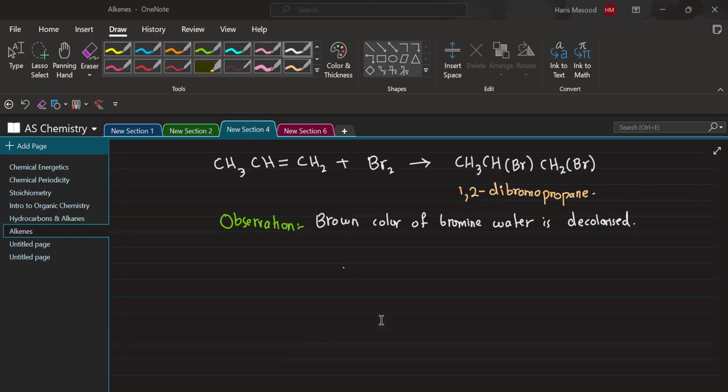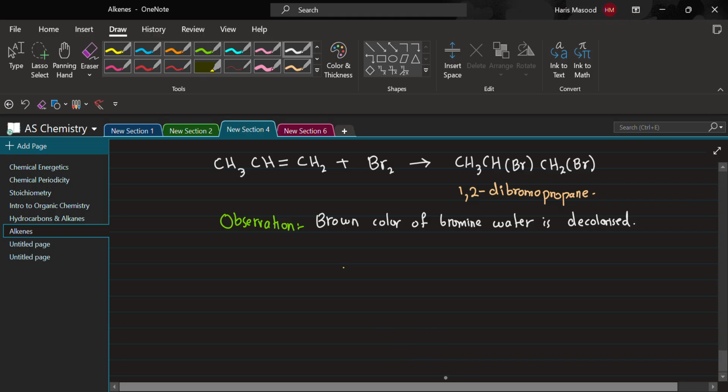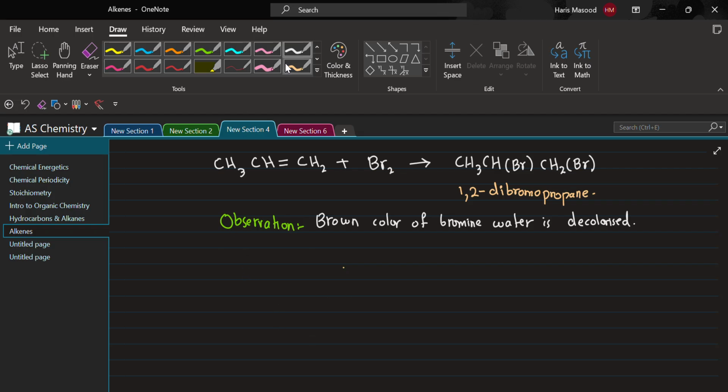Okay, apart from this, if ethene is bubbled, this is again the reaction of this only.